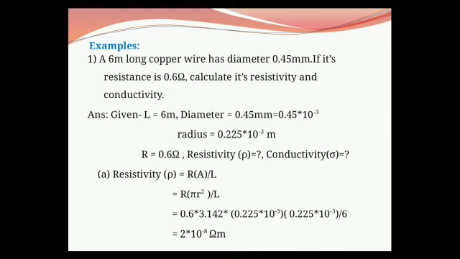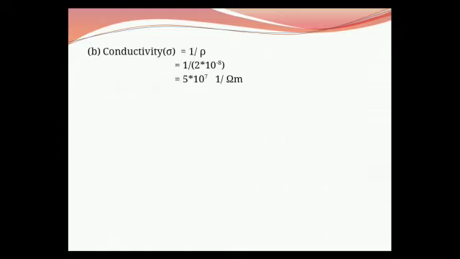Now we calculate conductivity. The formula for conductivity is 1 upon rho, that means 1 upon resistivity. Putting the value of specific resistance, we get sigma equals 1 upon 2 into 10 raised to minus 8. Therefore the final answer is 5 into 10 raised to 7, and the unit of specific conductance is 1 upon ohm meter.